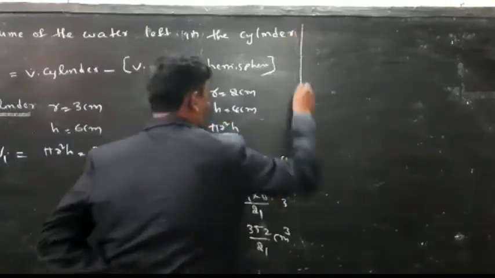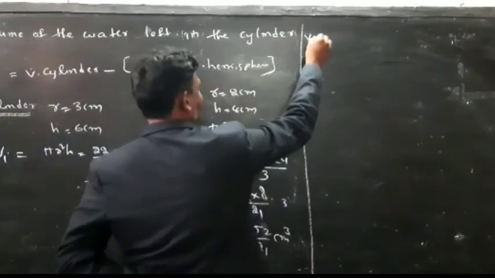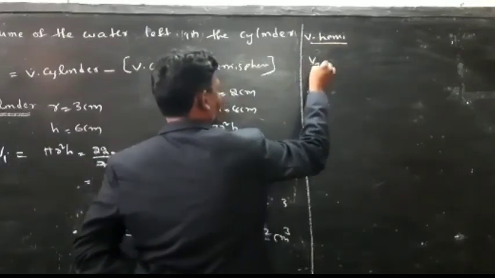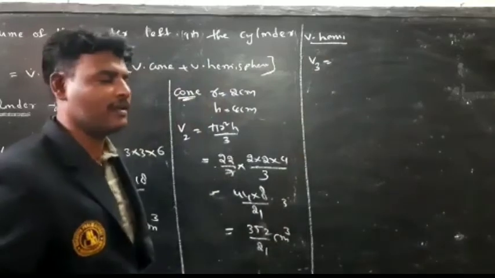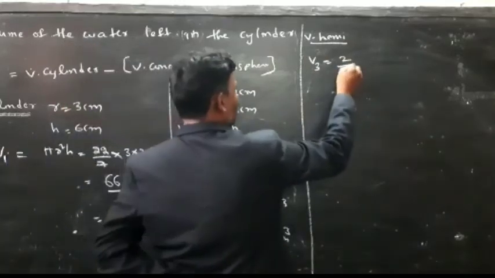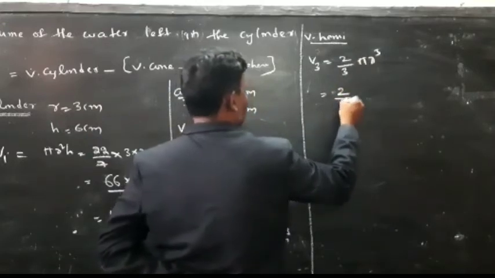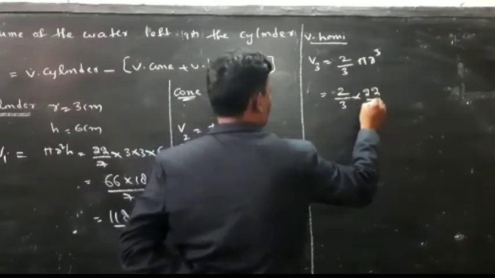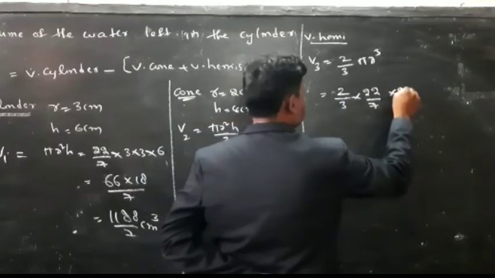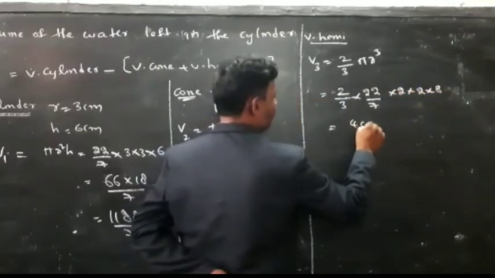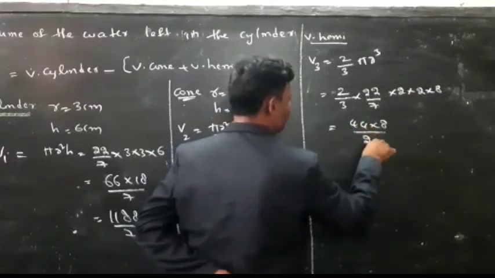Next I need the volume of the hemisphere. V3 is equal to the volume of the hemisphere. What is the formula? 2 by 3 pi r cube. 2 by 3 into 22 by 7 into r cube, which is 8.